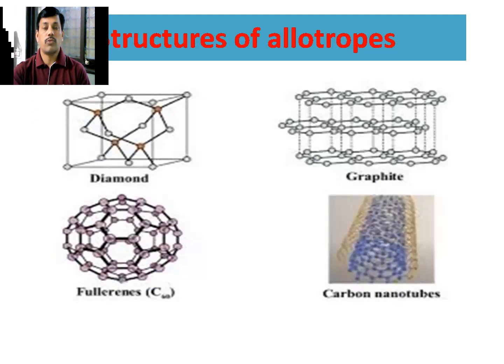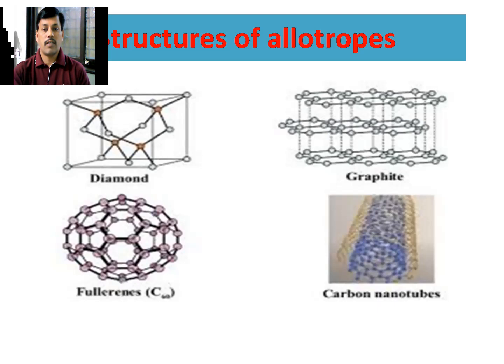Due to sp3 hybridization, the carbon structure is tetrahedral, and diamond is a very hard substance in nature. Diamond has repeated tetrahedral structures over the whole crystal. Diamond is very hard, and it has prominent uses.